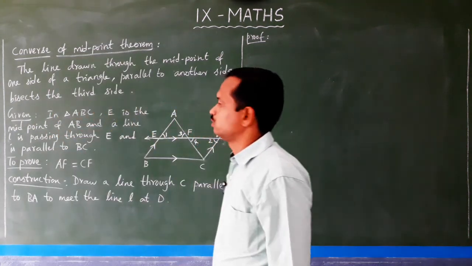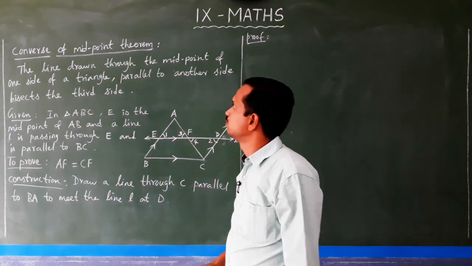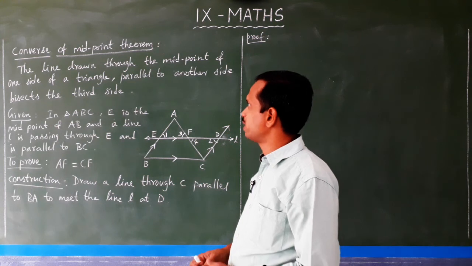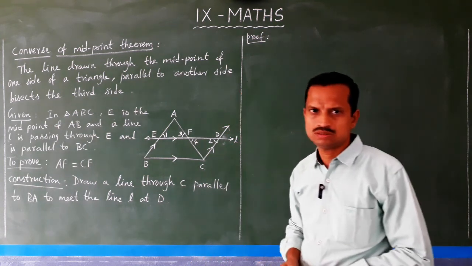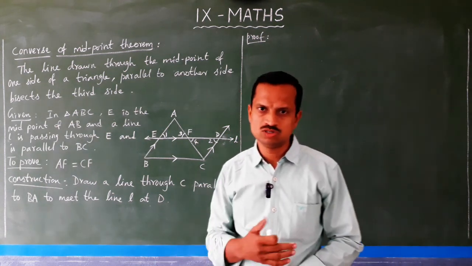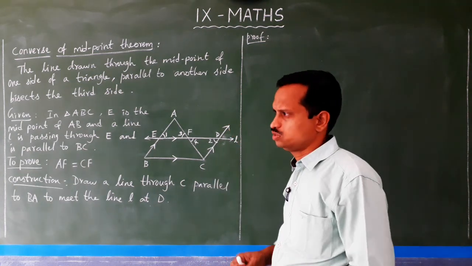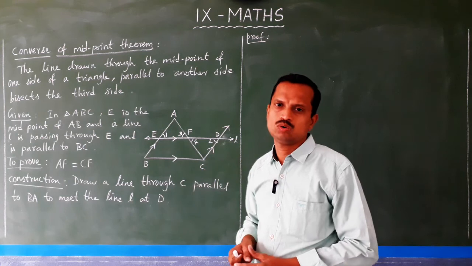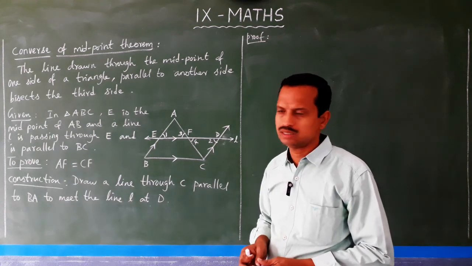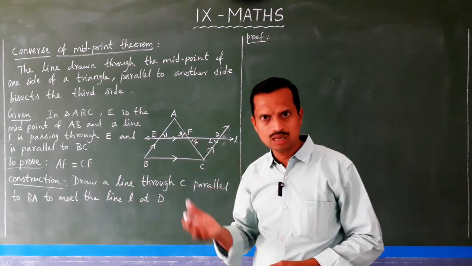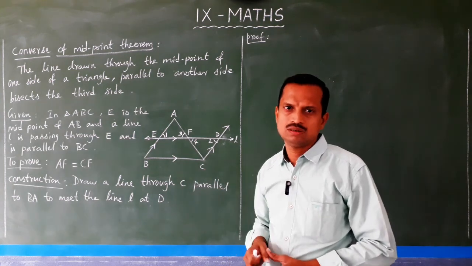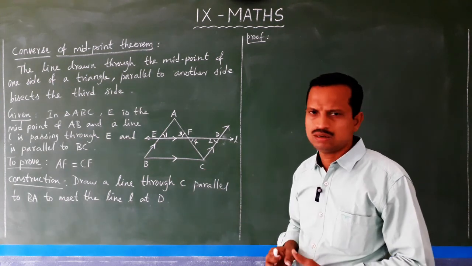So now, listen children, the next theorem is the converse of the midpoint theorem. Converse means nothing, just like the reverse one. In the first one, the midpoint theorem, first we proved two triangles congruent, and then we proved that quadrilateral BCDE is a parallelogram, and then the proof part was done.